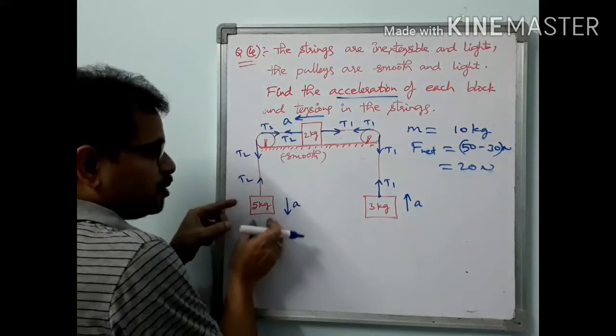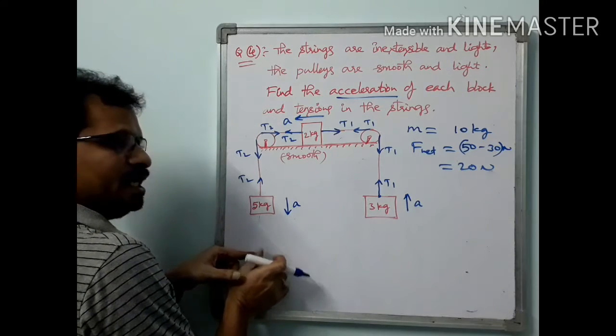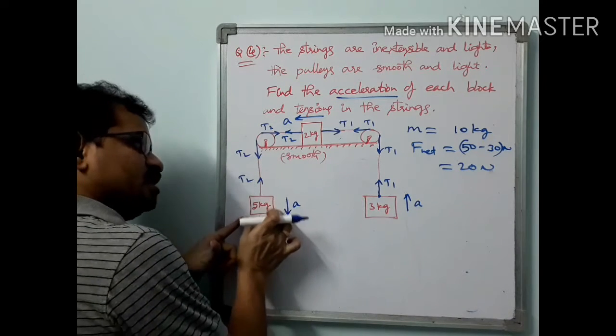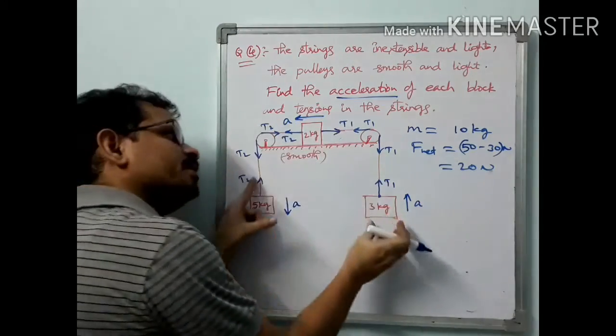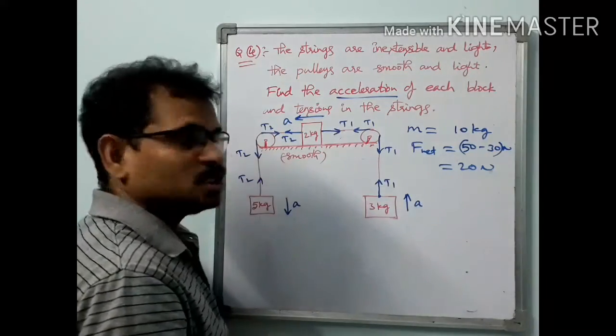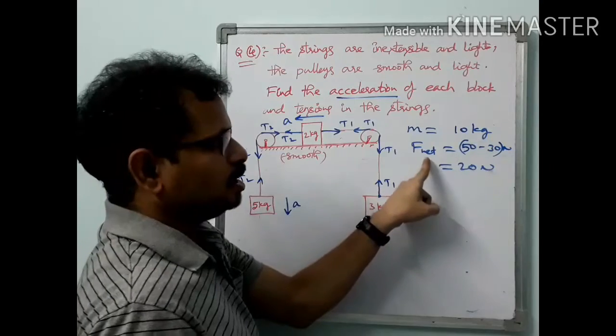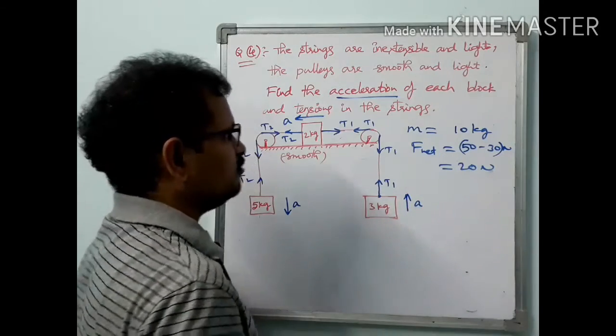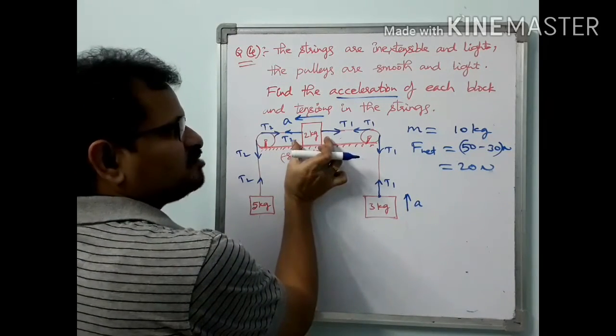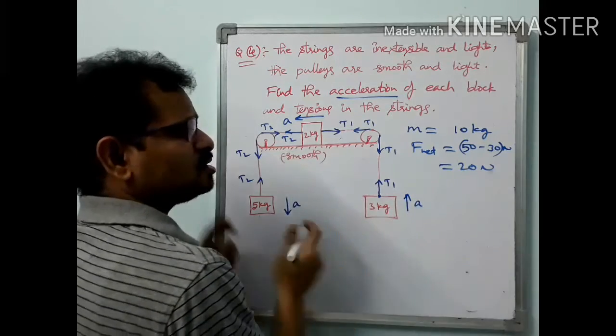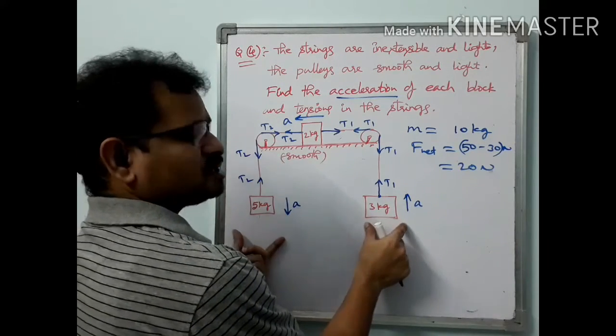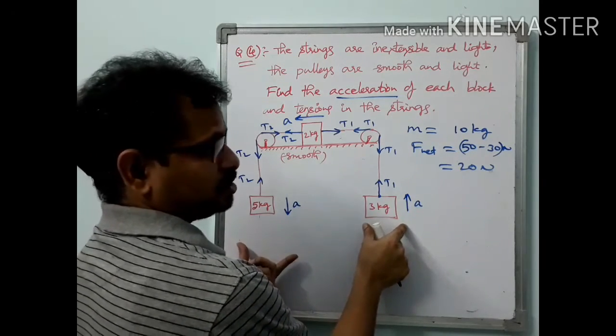This 20 newtons of force is pulling how much mass? It is pulling the 5 kg block, the 2 kg block, and the 3 kg block. So the total mass is 10 kg and the net pulling force is 20 newtons. Why? Because there is no contribution from this block here. Only the gravitational force of this one and the gravitational force of this one are involved in this case.